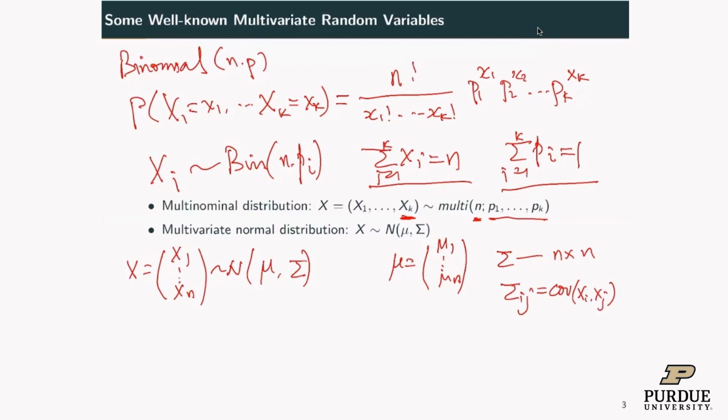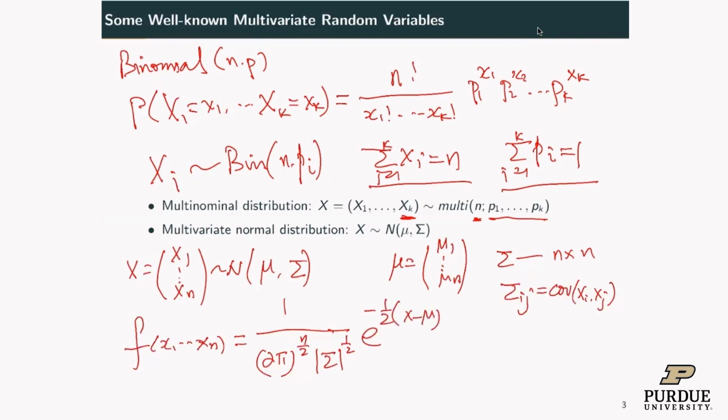The joint PDF is complicated. The joint PDF of x1 to xn can be written as 1 over (2 pi) to the n over 2, times the square root of the matrix determinant of sigma, times e to the negative half, x minus mu, which is a vector, transpose, sigma inverse, x minus mu.